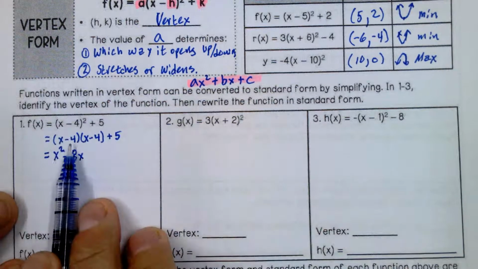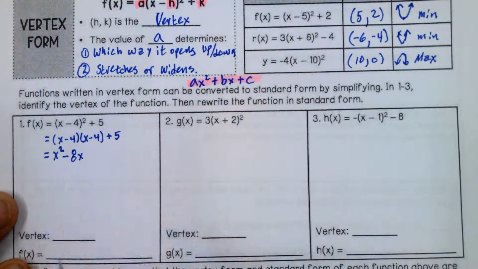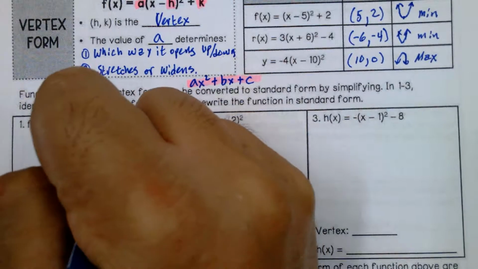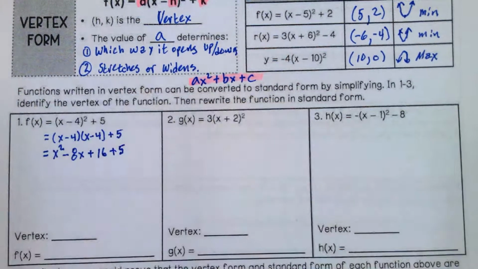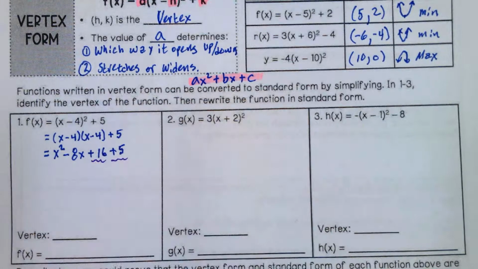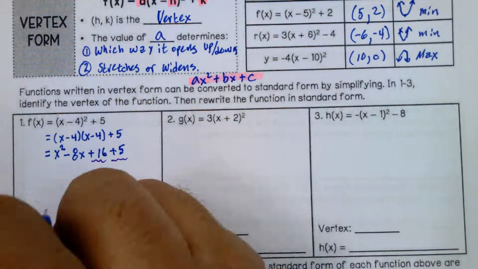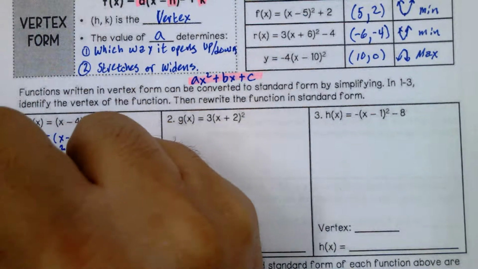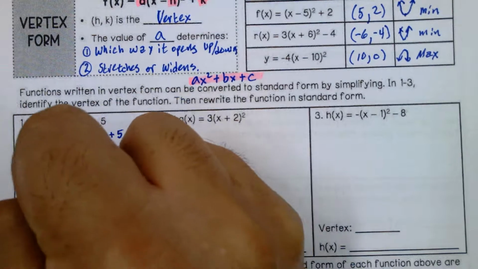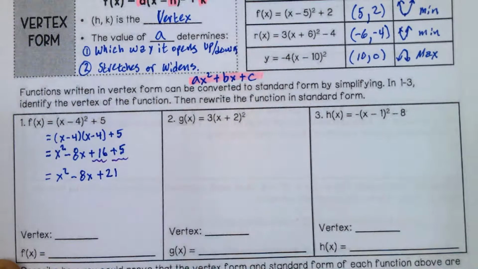And then you multiply the last. Negative 4 times negative 4 is plus 16. And then plus 5. We're almost there. The only thing left to do is combine your like terms. 16 and 5, so that's 21. So the answer is x squared minus 8x plus 21. That's in standard form now.